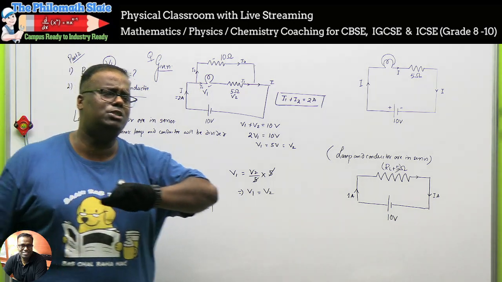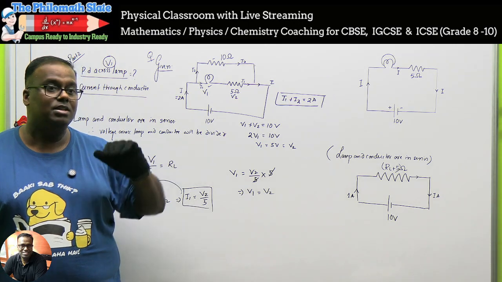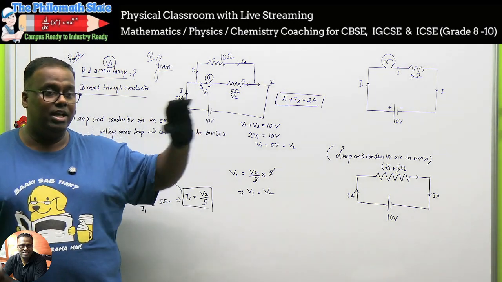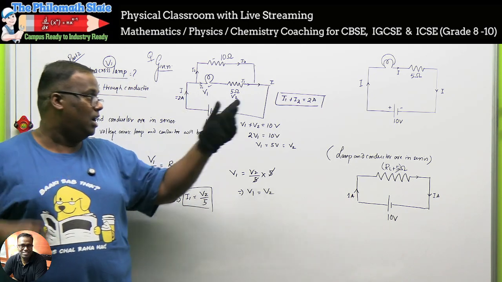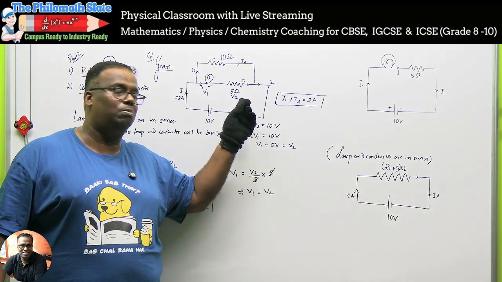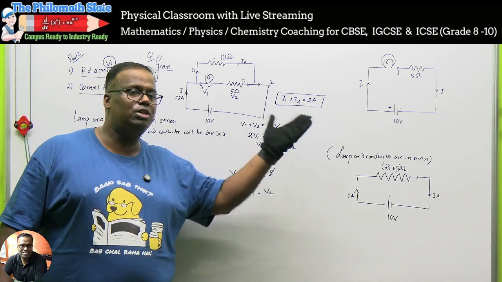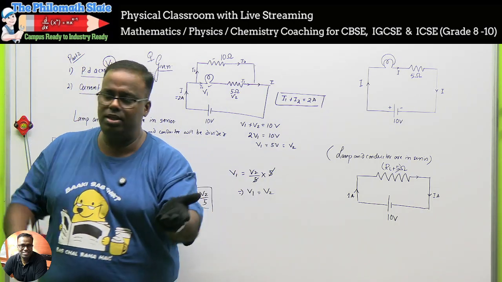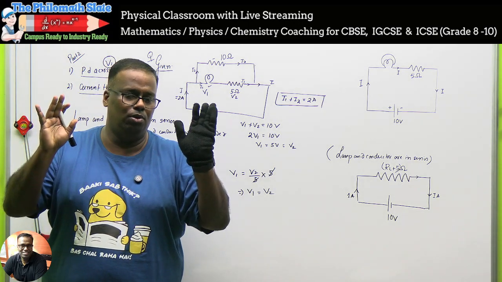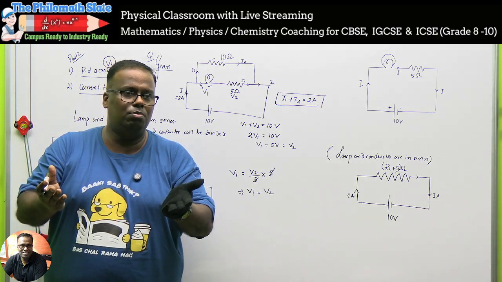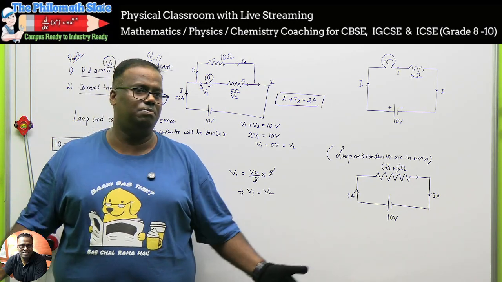All of them were the same. That is the beauty of series: all bulbs were identical. But if you put one bigger and one smaller bulb, the resistance will be different. Now what is the resistance of this one? 5 ohm. And this one? 5 ohm. The voltage will be exactly the same. You and she have the same amount of stubbornness, thick skin, whatever you call it. So if I scold both of you, you will absorb half of my scolding and she will absorb half of my scolding. As simple as that.